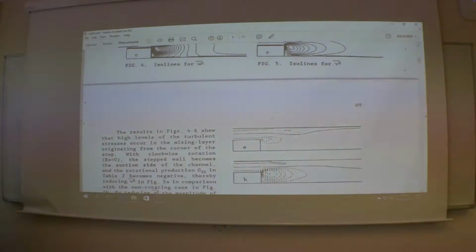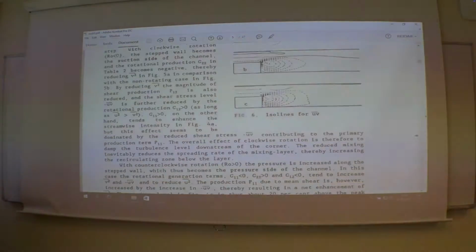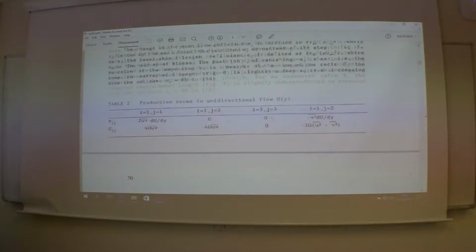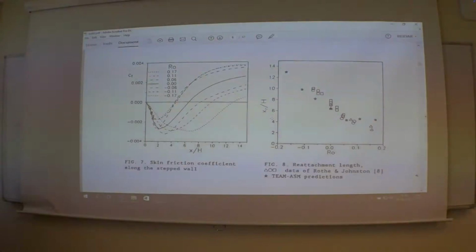The K epsilon won't really see the difference or the effect of rotation at all. I'm not sure if he has compared them here. Has he?